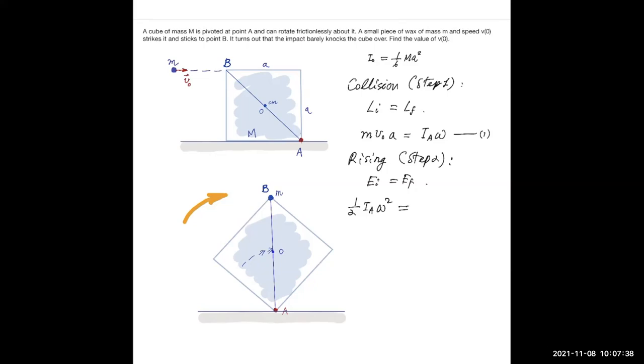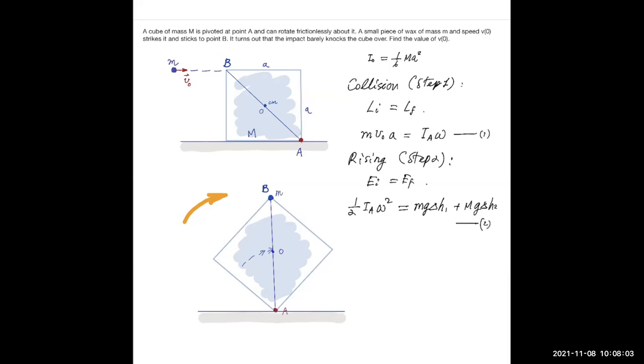So that is equal to m g delta h1, where delta h1 is the height gained by the piece of wax, plus big M g delta h2, where delta h2 is the height gained by the center of mass of the cube. Okay, so that's equation number 2.